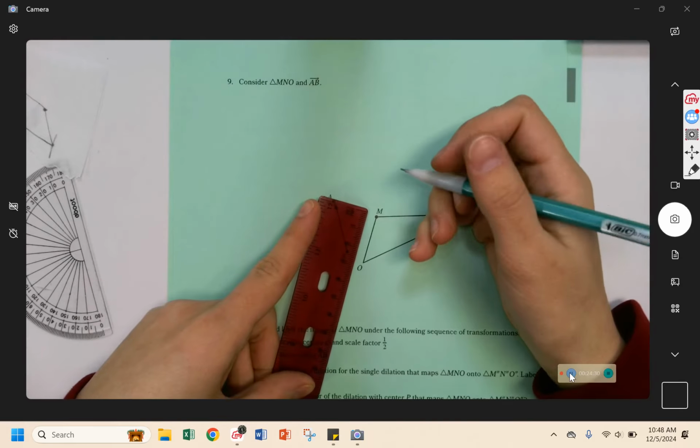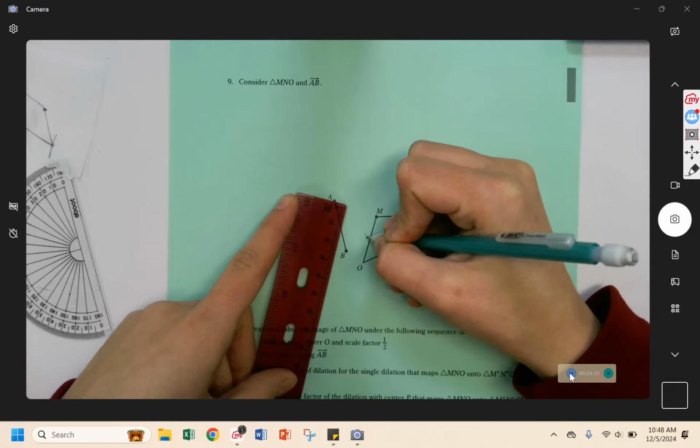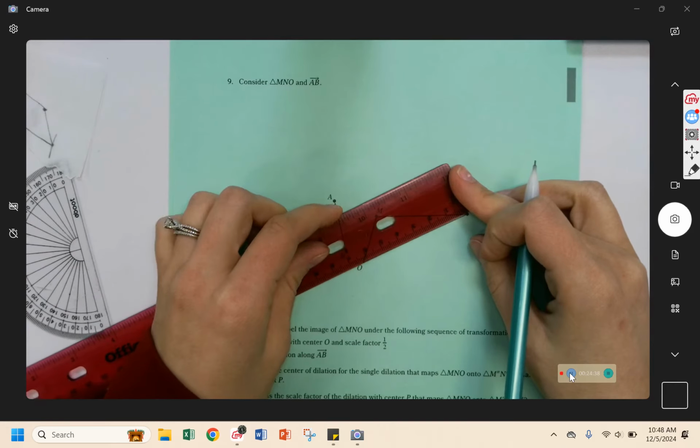Half of 2.6 would be about 1.3. To N, we're at about 6.4, so half of that would be 3.2. And then we'll connect those.